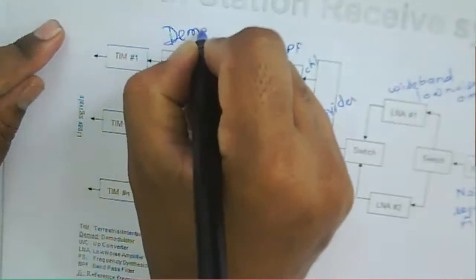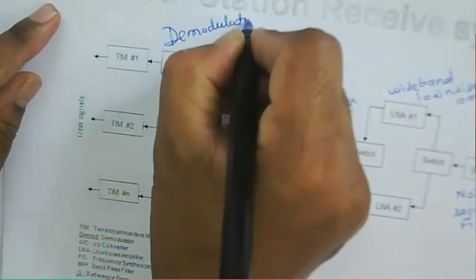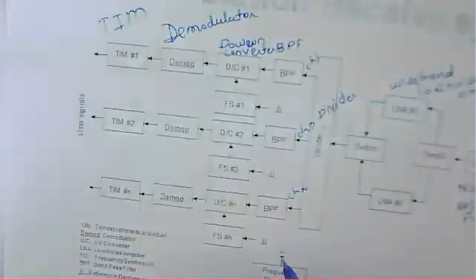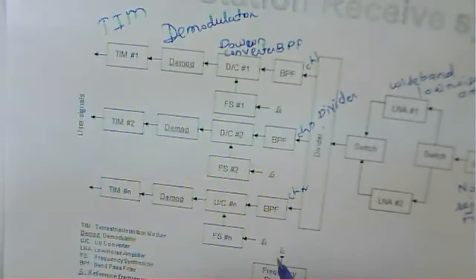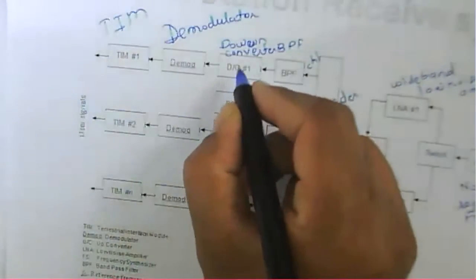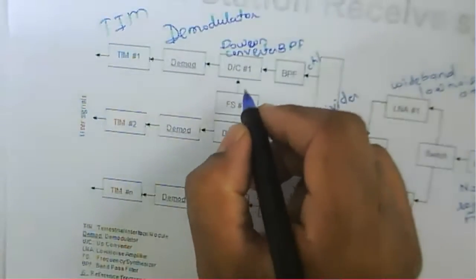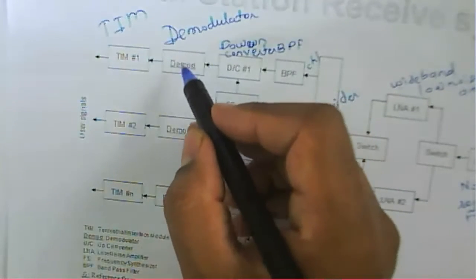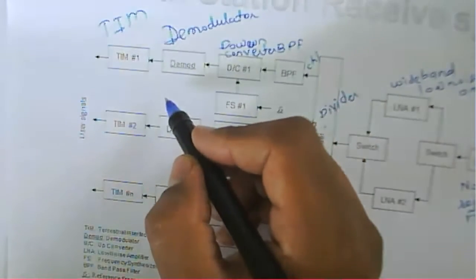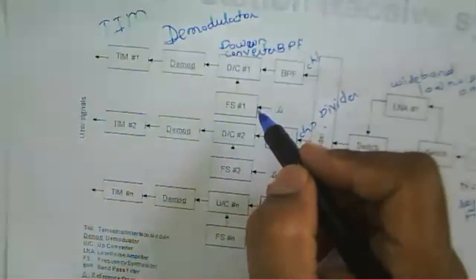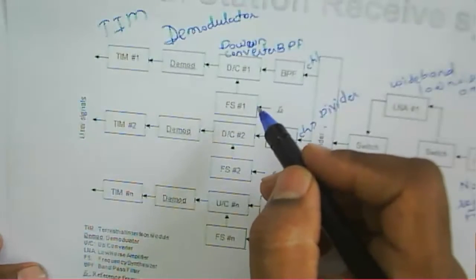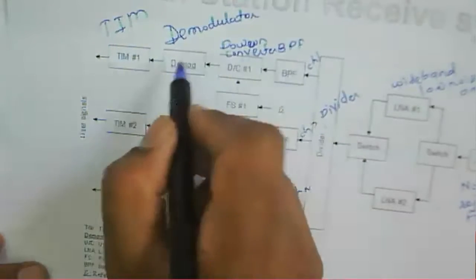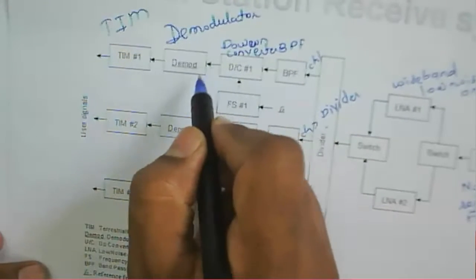This one is a demodulator, and this one is a terrestrial interface module. Now the signal is down converted, and then it will be separated into the different frequency bands through this particular band pass filter. So that's why the signals are transmitted to the demodulator.